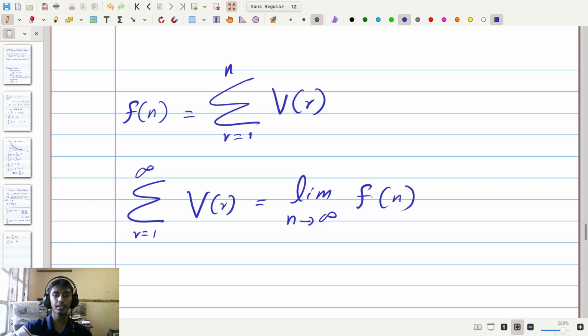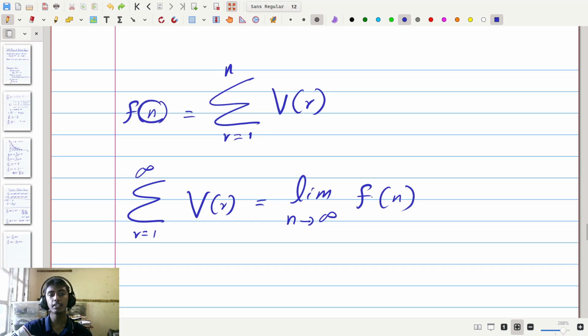So we need this to be a convergent sum, and if that's the case, and f of n gives the partial sum from r equals 1 up to n of v of r, then the infinite sum of v of r is equal to the limit as n approaches infinity of f of n. This is kind of self-explanatory if you really think about it.